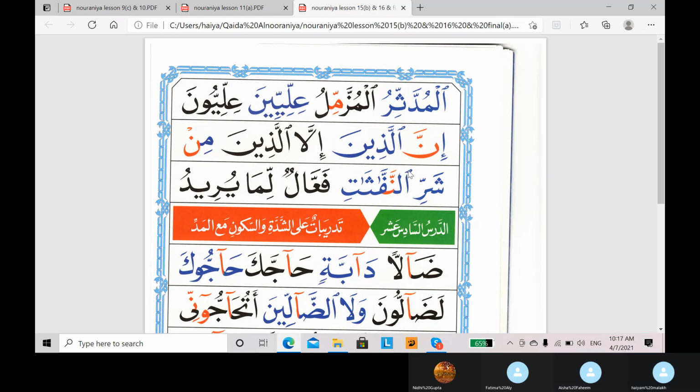That's it. And we learned the madd, the extension sign, which has to be four, five or six counts. We learned that before.